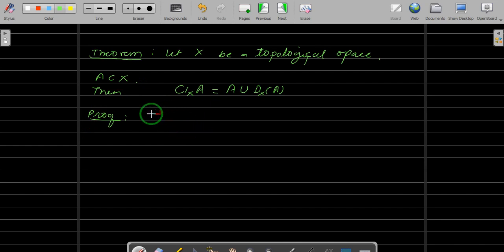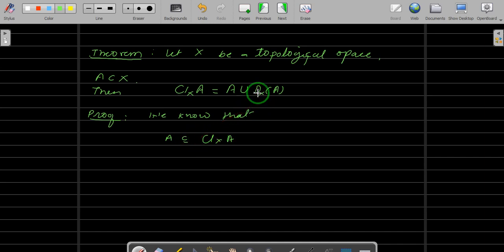We know that, from the definition of the closure of A, A is a subset of the closure of A. That's how we define the closure of A: it is nothing but the intersection of all those closed sets which contain A. So obviously A will be in the closure of A. That's the fact, which we already proved earlier.